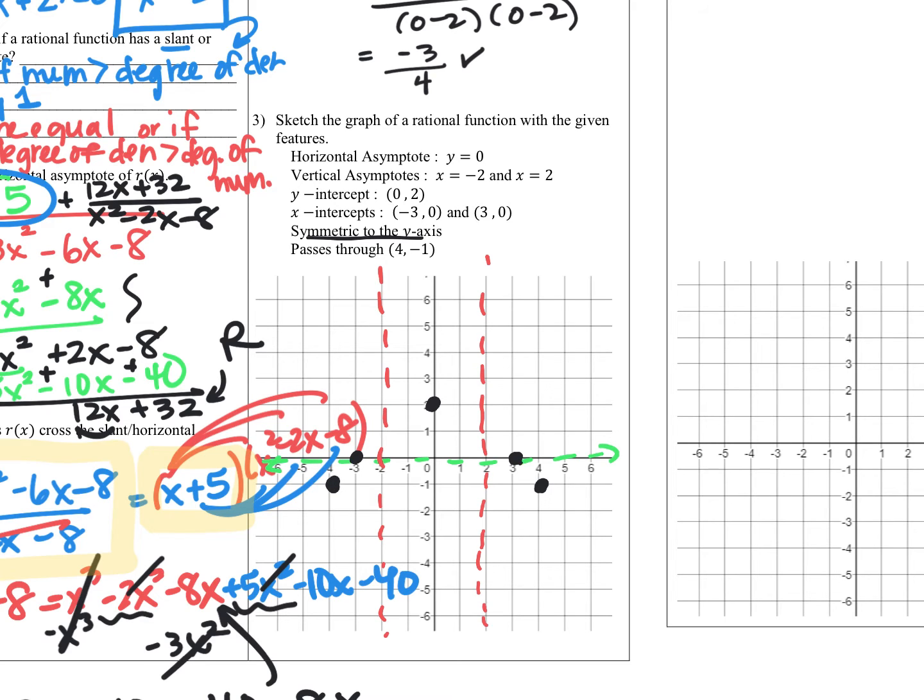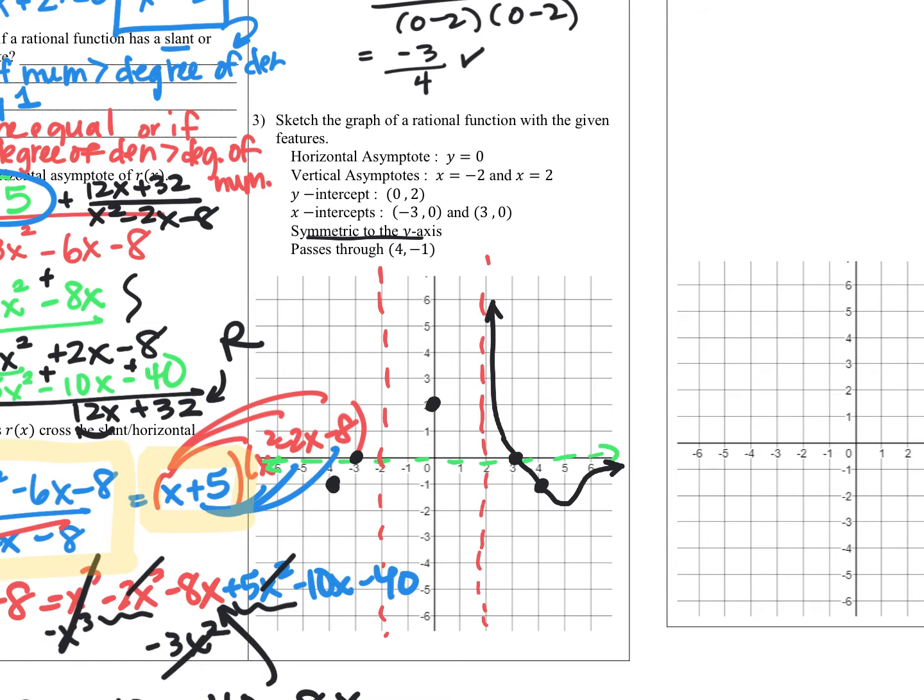If I play connect the dots, looking at that right side, those would connect together. There's no other x-intercepts, and I know that the horizontal asymptote is my end behavior, so I might go down for a bit, but I'm going to have to come back up and get close to that horizontal. On the other side of the dot, I'm going to have to go up and get closer and closer to that vertical asymptote.